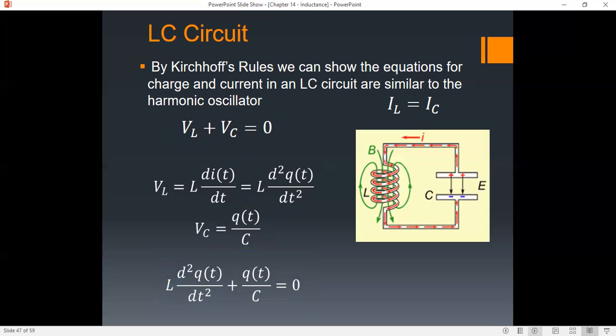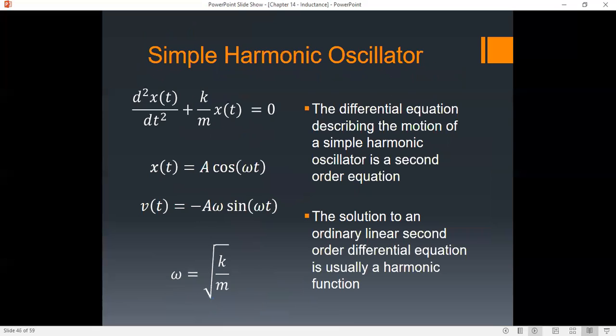So again, compare the form of that equation: second derivative, no derivative, 0. Compare that to what we have right here: second derivative, no derivative, and 0. Same form. They're going to have a very similar solution to one another.